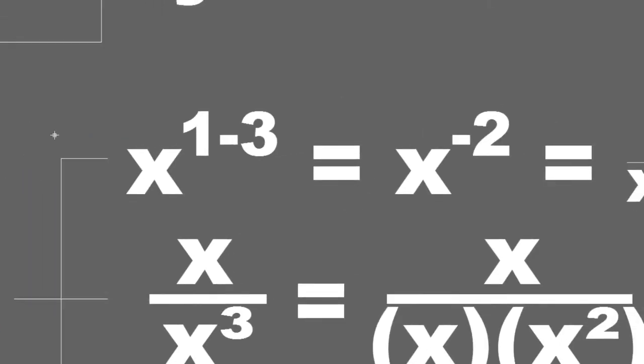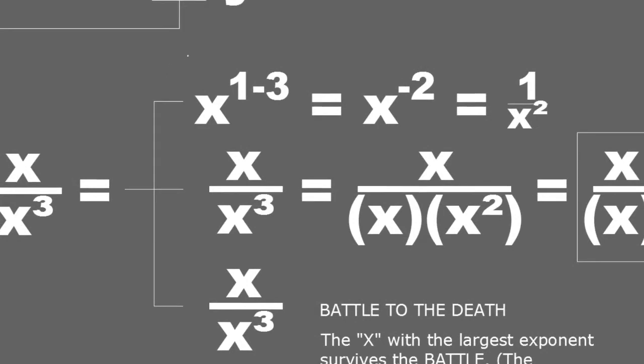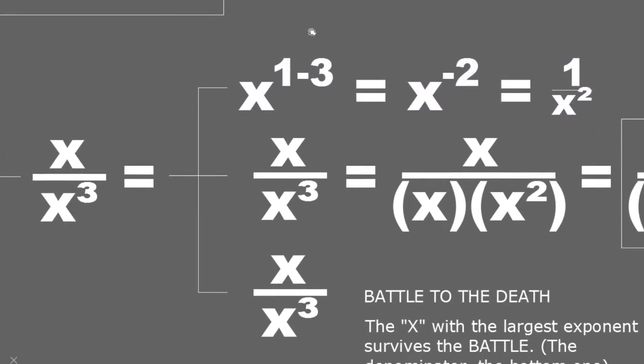The rule about division of numbers with exponents says that that equals x, and the new exponent is going to be the exponent of the numerator minus the exponent of the denominator. So the numerator has an exponent of 1, which I don't have to write, but it's there. It's a 1, and the denominator has the exponent 3. So that becomes x with the exponent 1 minus 3, which equals x with an exponent of -2.